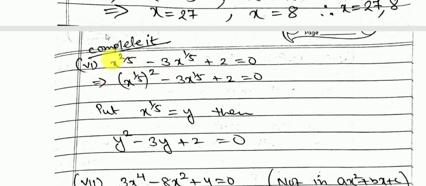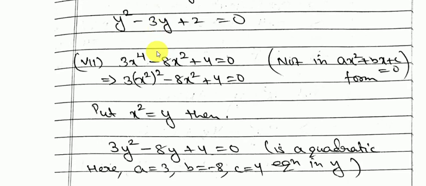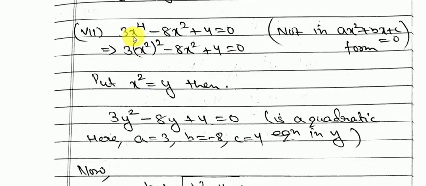This has to be done the same as the above one. Here, 3x to the power 4 minus 8x squared plus 4 equal to 0. Clearly it is not in the form of ax squared plus bx plus c. But we can write 3 into x square, to the whole power 2, minus 8x square plus 4.